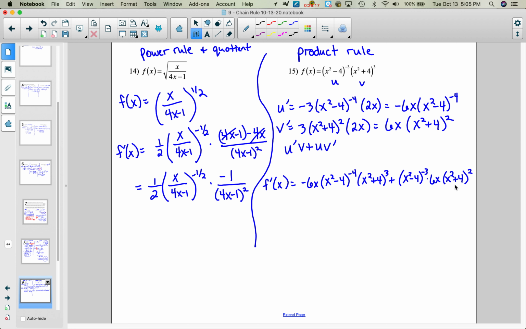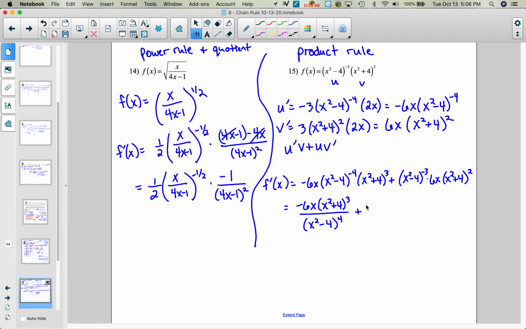I'm going to look for any common factors that I can factor out. So let's see. All right, so I'm going to change this to negative 6x, x squared plus 4 to the third power, and I'm going to drop this to the denominator with a positive exponent, and then do the same thing here.